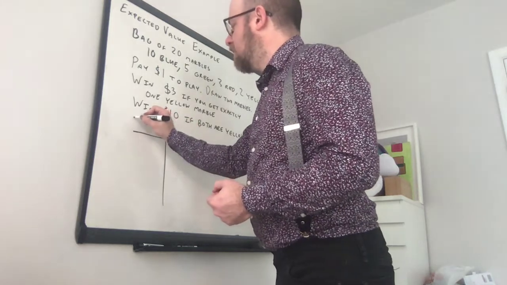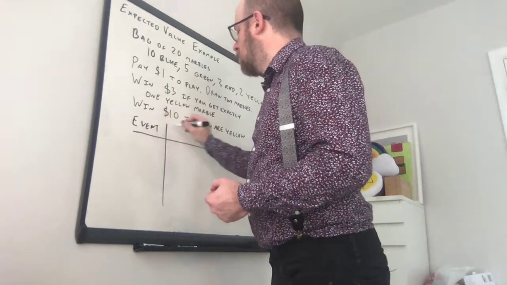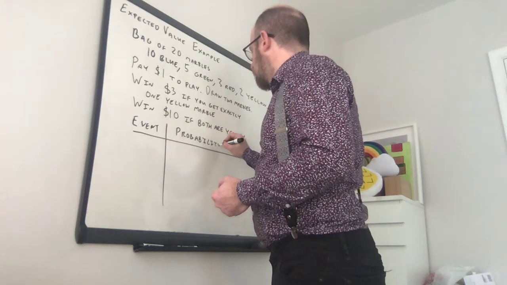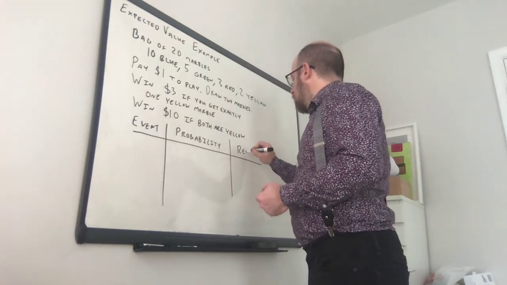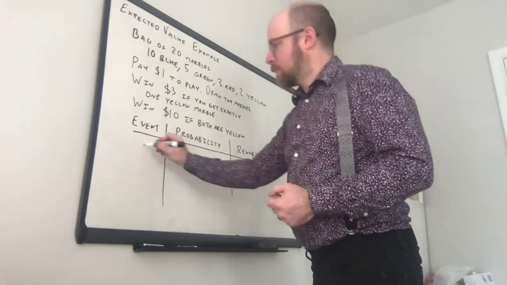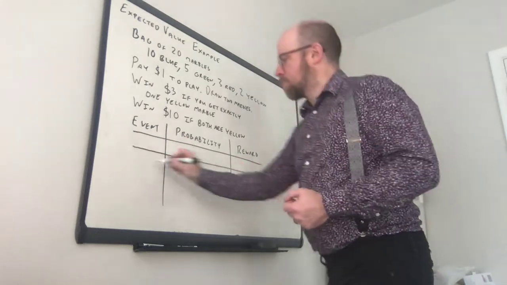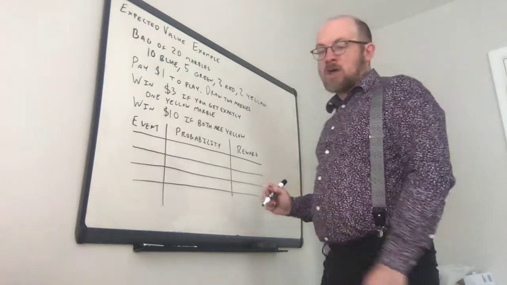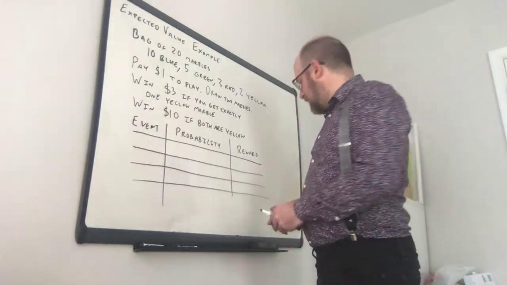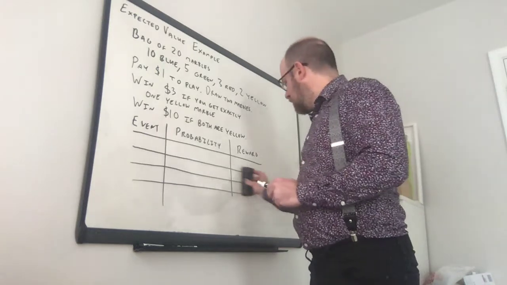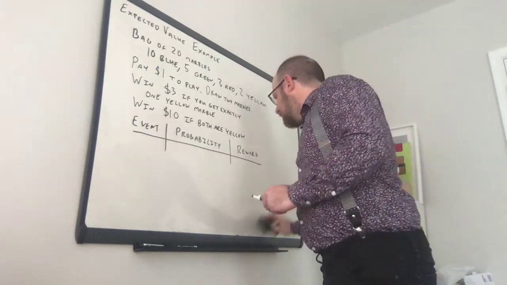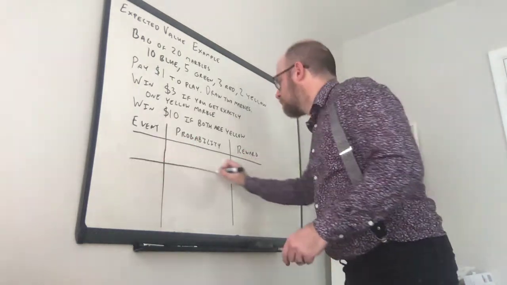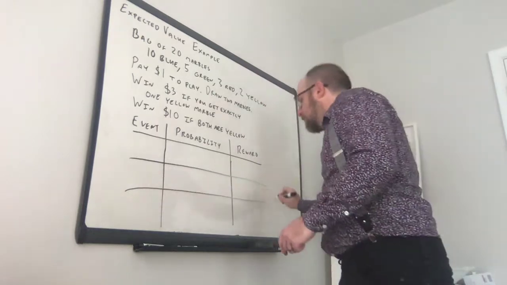I've got my event, my probability, and my reward. Notice there are 3 different events, and those lines are going to be too narrow, so let me redo that and make sure I've got enough space. That's going to be better.